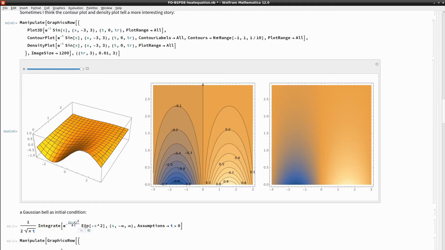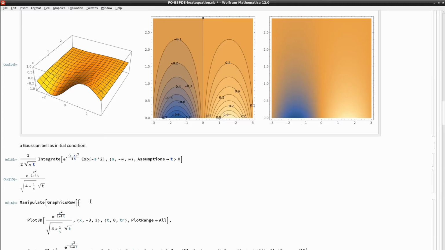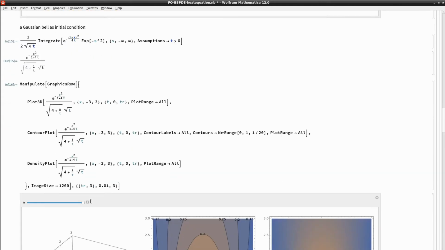Okay, let's take a Gaussian-Bell as an initial condition, right? So we are multiplying e to the minus s squared with another e to the minus s squared, all right? So we're diffusing with the Gaussian-Bell over time, but our initial condition was also e to the minus s squared. That is the Gaussian-Bell integrand. And with this formula, let's look at some plots here.